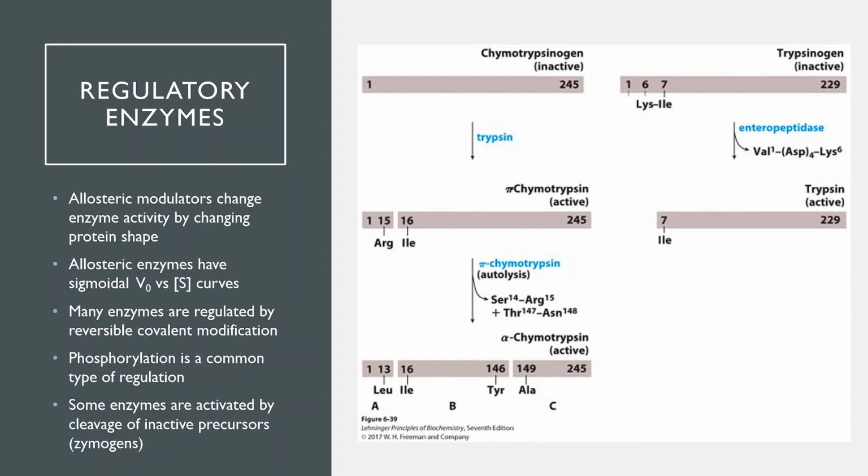Another important mechanism for regulating enzymes, or feature of some regulatory enzymes, is that they are activated when they're cleaved from a larger precursor protein. So chymotrypsin, which we talked about earlier, goes through 3 stages.